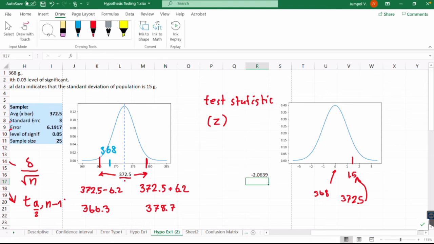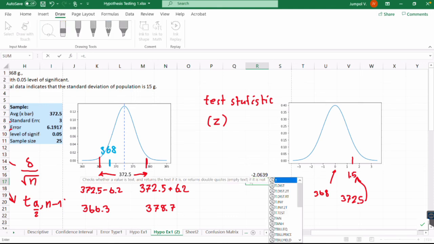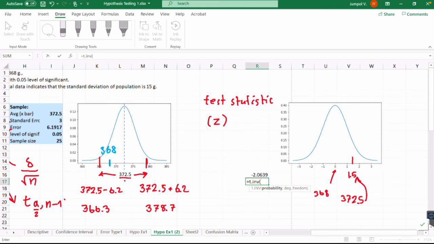So the first critical value is going to be minus 2. The second one is going to be T dot inverse 1 minus 0.05 divided by 2. Degree of freedom is 25 minus 1.